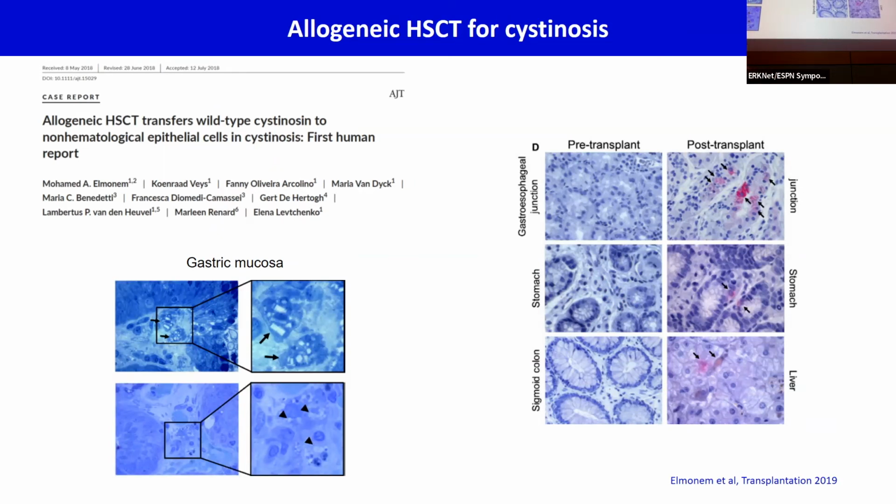But they could already observe that the number of crystals seemed to have decreased, and transdifferentiation or rescue of neighboring cells was observed in different tissues. One thing that I would insist on is that with this technique, what you clearly restore is the macrophage pool. So that macrophage pool can now clear these cystine crystals, which are in the interstitium.